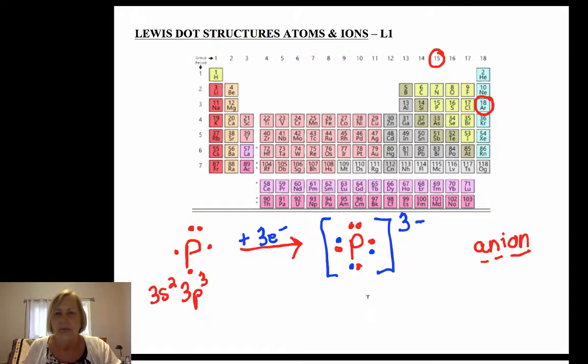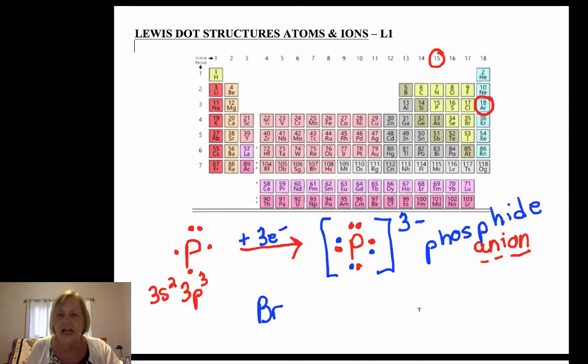Okay, what if we did bromine? By the way, this is important: anions change their name. So this would now be called the phosphide anion, or the phosphide ion. If I have bromine, bromine's in group 17.